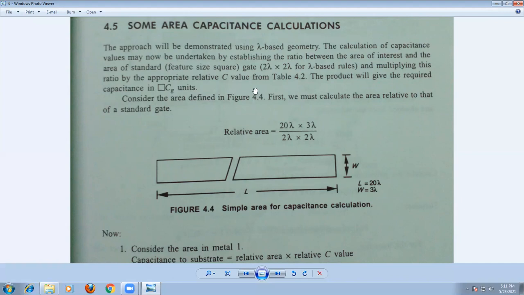Otherwise, you can take the direct area multiplied by the actual value of the capacitance from the table, in picofarads per square micrometer into 10 to the power -4, and you'll get the value in terms of farads, in picofarad or farad depending upon your unit.